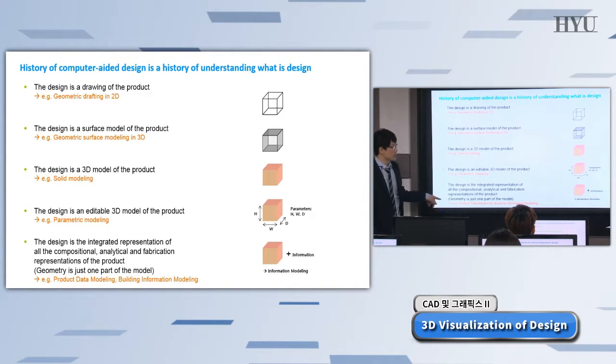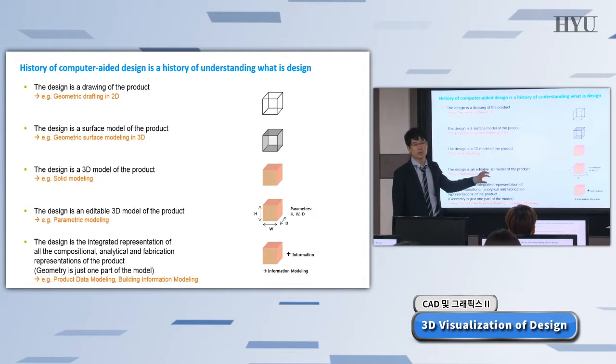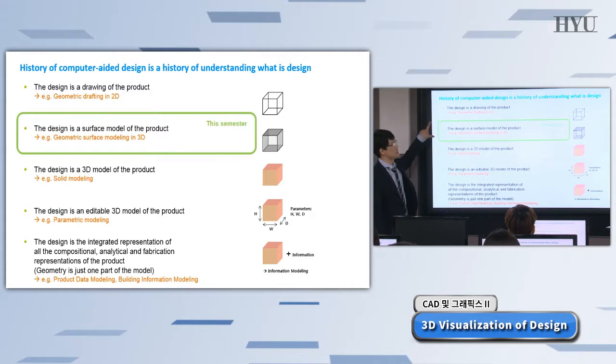But the cutting edge, so far the most advanced one, is product data modeling or building information modeling that I showed you today. A building object-oriented approach to design, simply because we are dealing with buildings. Okay, that is building information modeling. But again, this semester's subject is here.